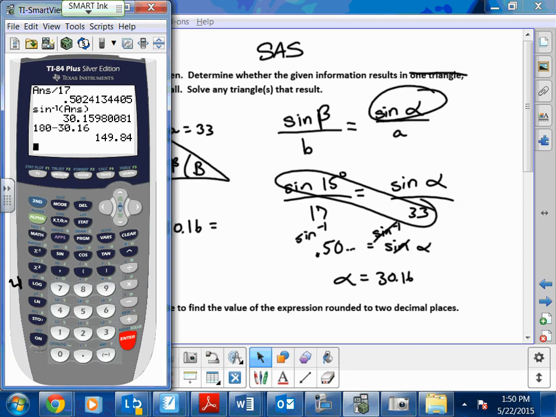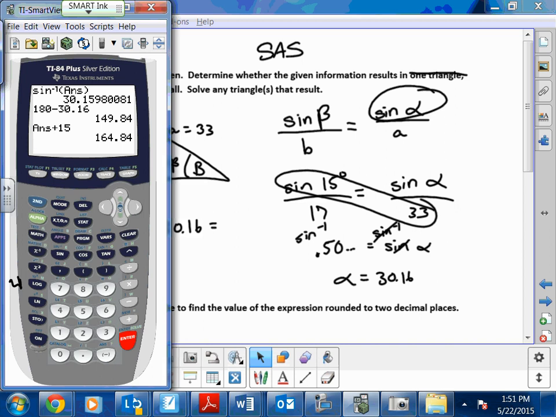Now with that angle, 149.184, we have to assume, okay, if I add the other angle, 15, can we have a second triangle? And it's possible. It's possible to have two triangles in this case because both these values are below 180. Remember, sometimes we have our other angle and it doesn't exist because it goes past 180.